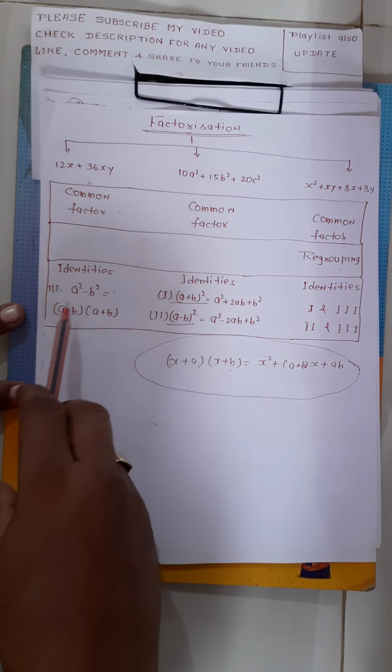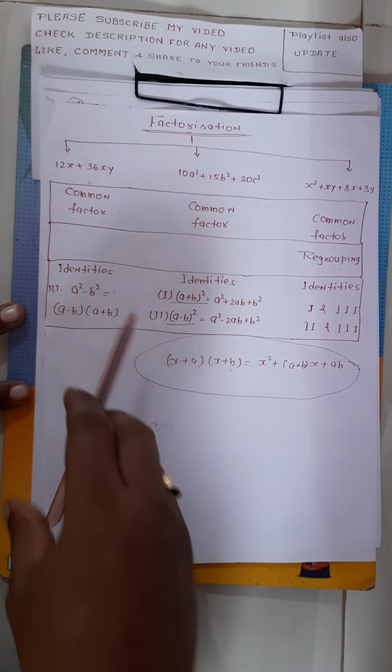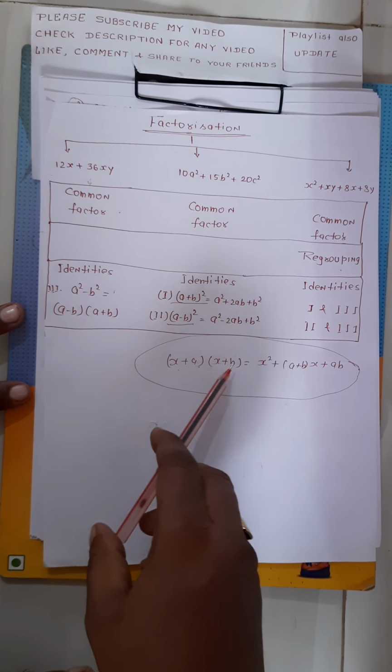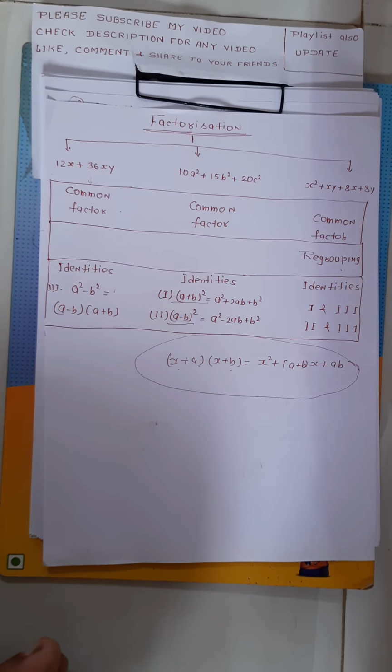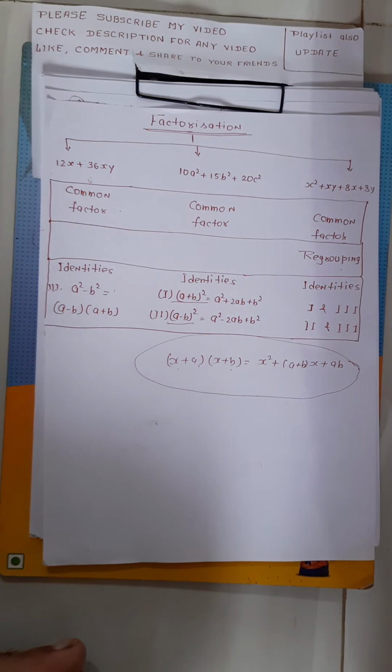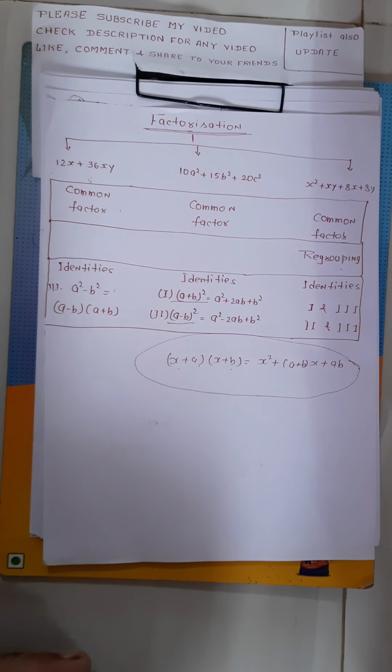The third, a square minus b square, and the fourth, x plus a times x plus b. These four identities we learned in chapter number 9. So now we will use the identities. Which identities we will use, I will tell with each question.